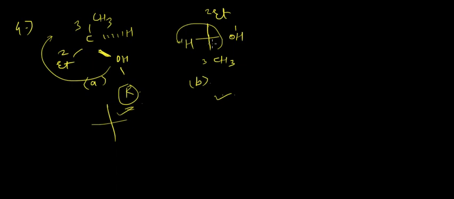So this is S originally, but the hydrogen atom, the least priority atom, is on the horizontal line, hence this would be R. S would convert itself into R. So both are actually R configured, hence A and B are identical. A and B are identical.